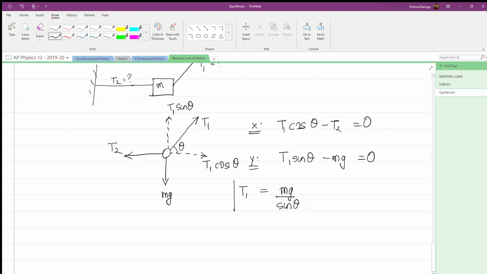So solve this and make sure you get this. Once we have T1, we can plug the value of T1 into equation 1, which gives T2 is equal to T1 cosine theta, which is mg over sine theta, multiplied by cosine theta, which we can write as mg times cotangent of theta.